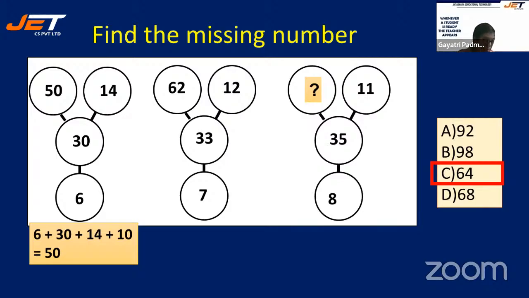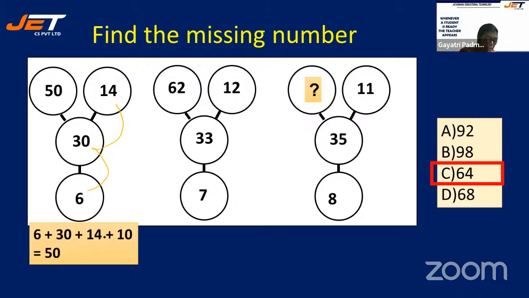Just a second. You're adding 6 plus 30, 36, plus 14: 46, 47, 48, 49, 50.